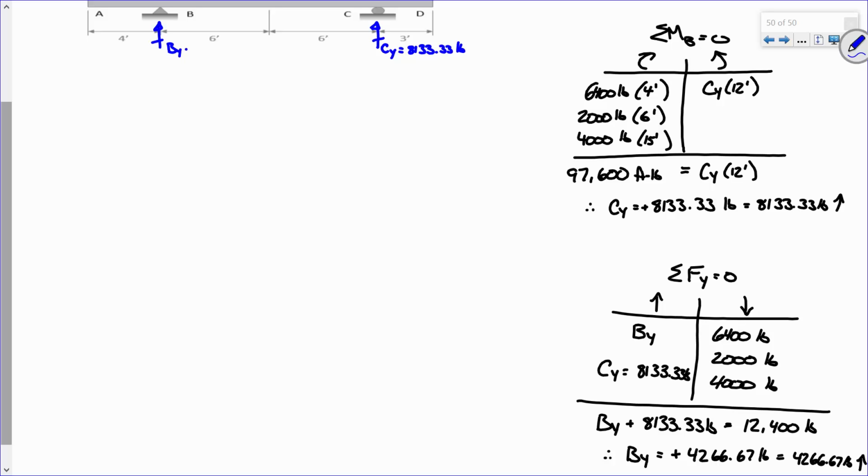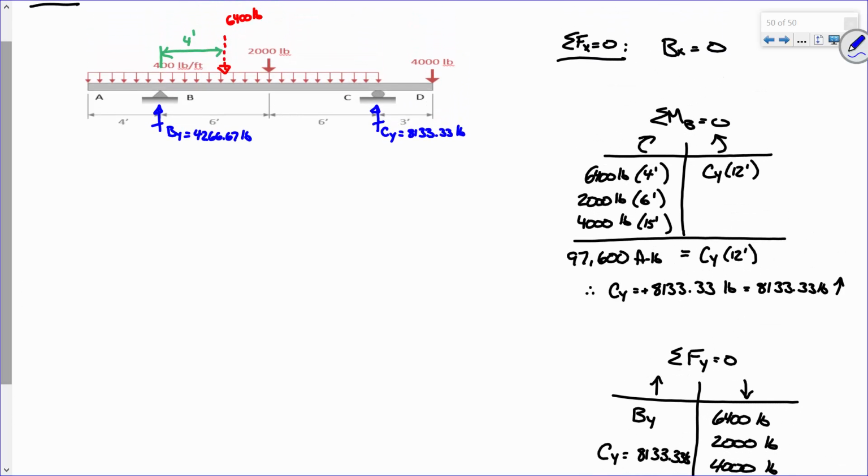Excuse me. All right, any questions? Everybody good? Okay. Now, before I start drawing these shear and moment diagrams, I'm going to do something here to my screen.